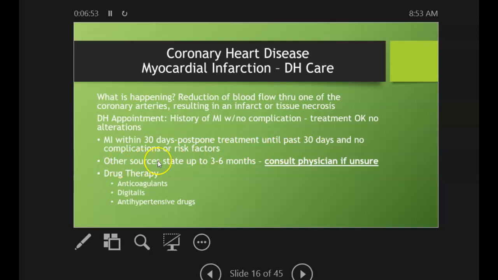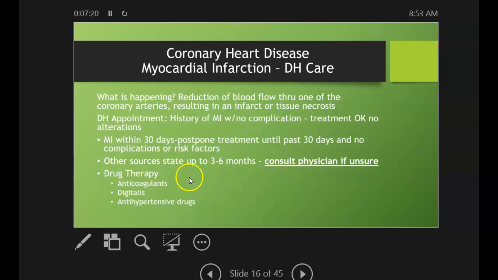I have worked for doctors that actually don't want to see a patient until they've reached somewhere between the 3 to 6 month mark, but that is probably very conservative, and the physician can always be consulted. The physician may say, oh no, they're totally fine for a dental appointment. So again, it's that interprofessional piece. We always want to reach out if we're unsure.